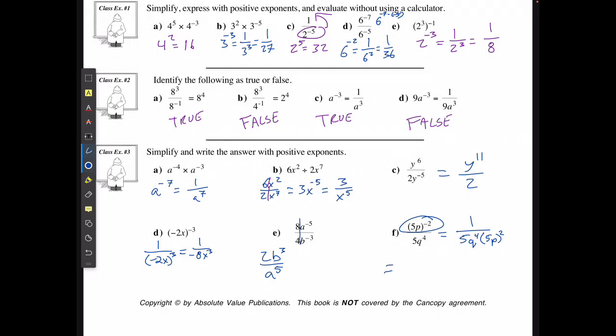This is going to be the same as 1 over 5q to the 4, and 5 squared is 25, and I have a p squared, and then I still need to remember to multiply. So 1 over 125p squared q to the 4.